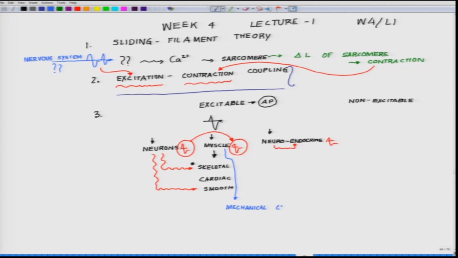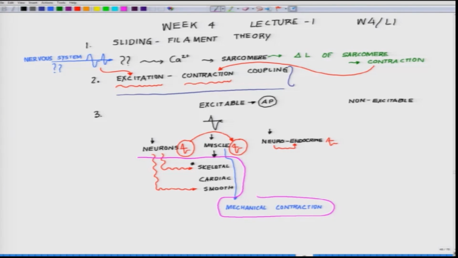So, one has to draw a symmetry or some form of a sequence where you can connect two or three distinct things, which includes a signal from the neuron, a signal to the muscle, and the muscle contraction.